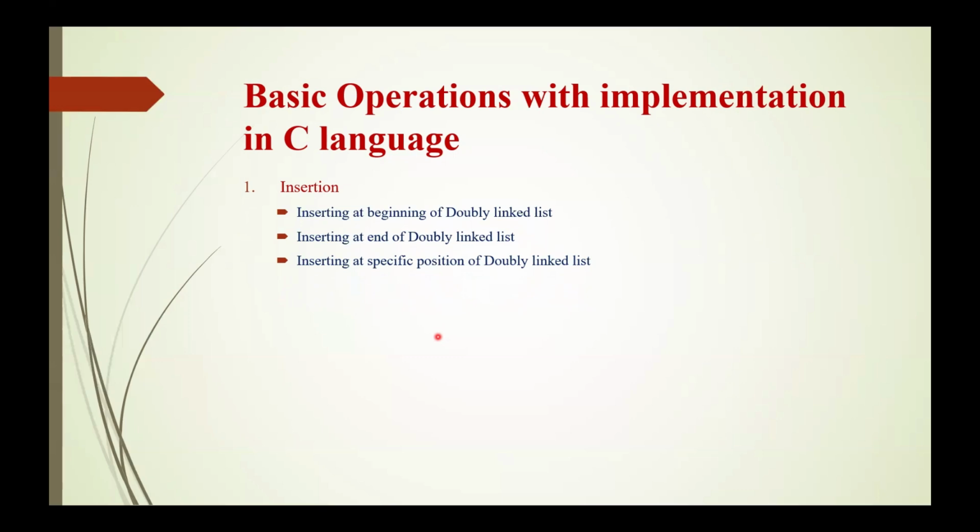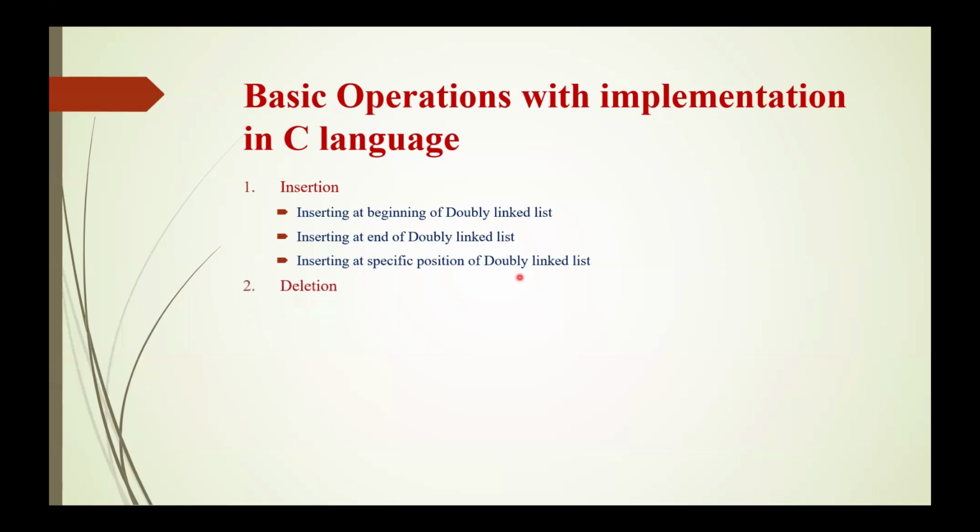Or we add an element at the end or last of the linked list. Or at any specific position we want, either the second, third, or fifth position. Depending on the user, we can insert the element into a specific position. So this is the first operation, insertion.